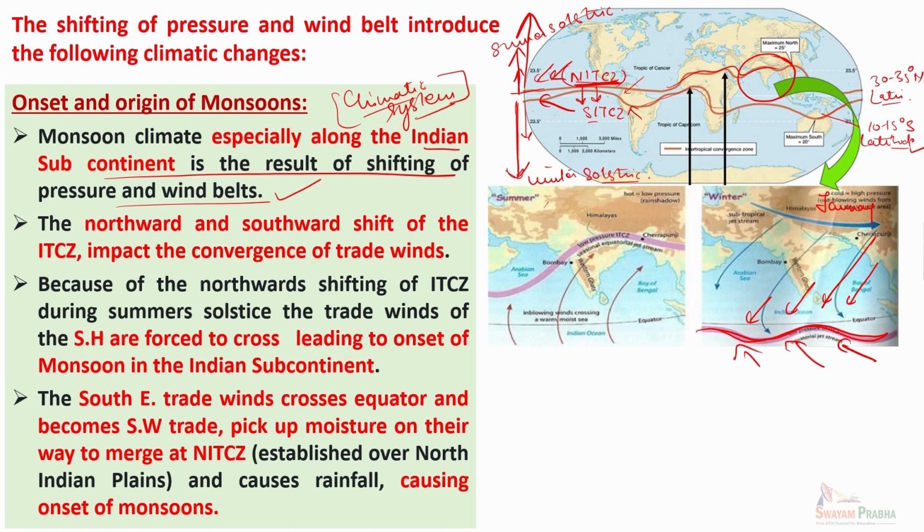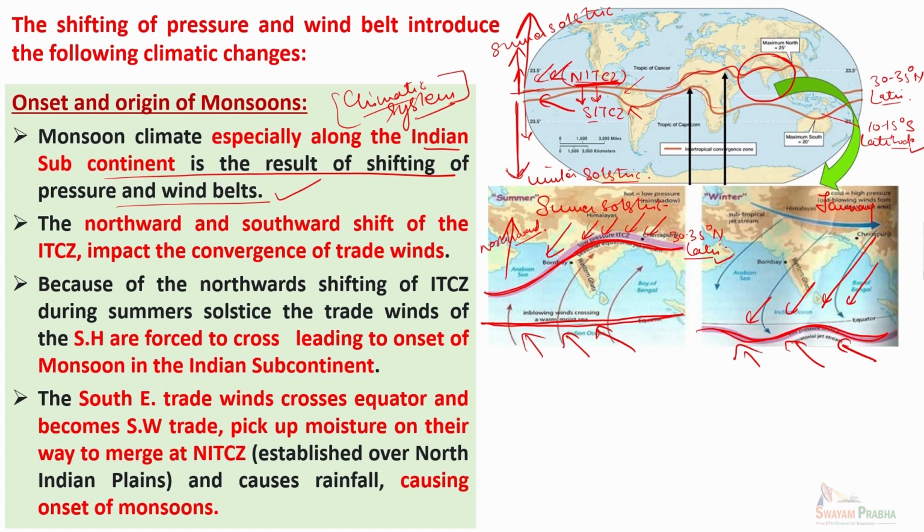But when you have summer solstice and the intertropical convergence zone establishes itself somewhere around 30 to 35 degrees north latitude, then the converging northeast trade winds are pushed further northward, and southeast trade winds, which are located south of the equator, are also attracted towards this intertropical convergence zone.